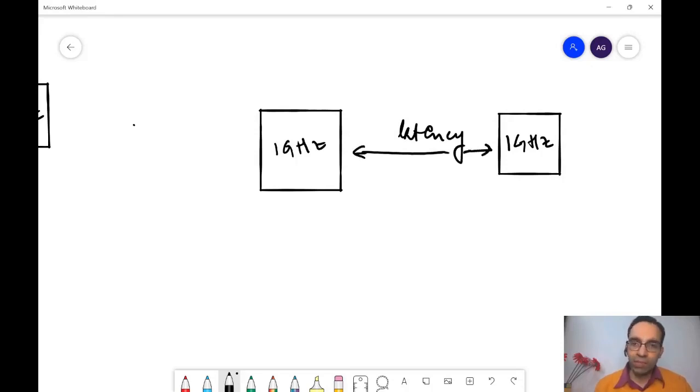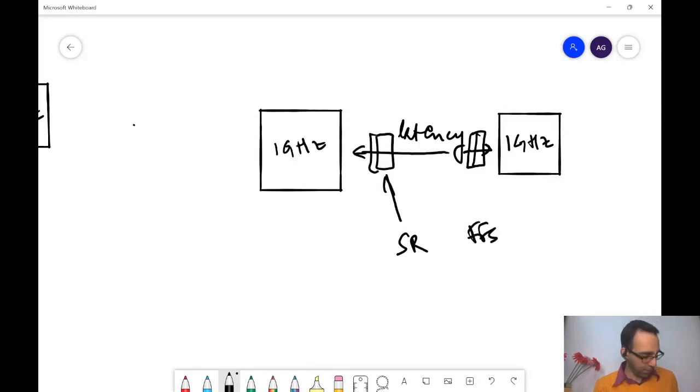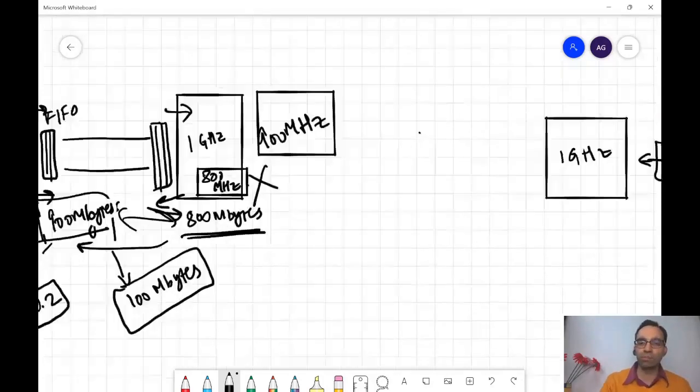If there is a latency between two domains, then all you need to do is use just one or two layers of data storage, depending on the latency size. In such a case, you use shift registers or flip-flops. Otherwise, if there is a frequency difference also, then you necessarily need a FIFO to be put in place.